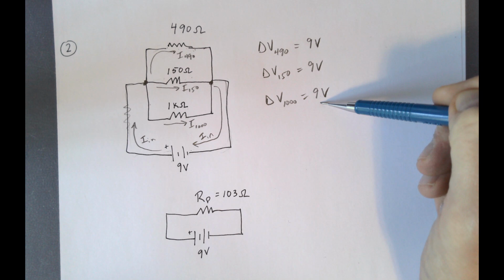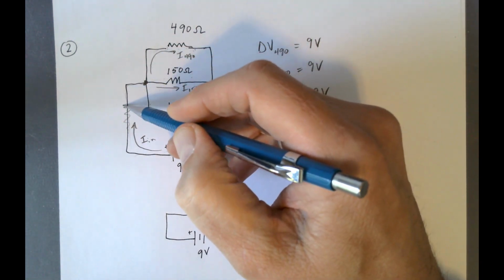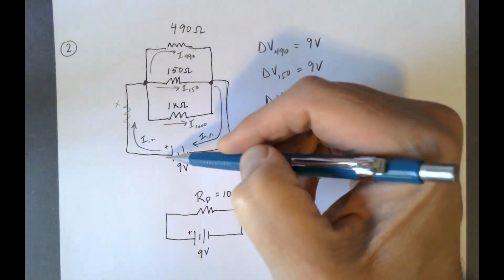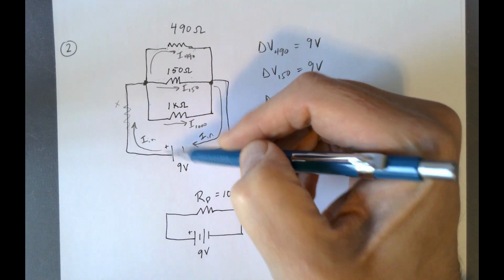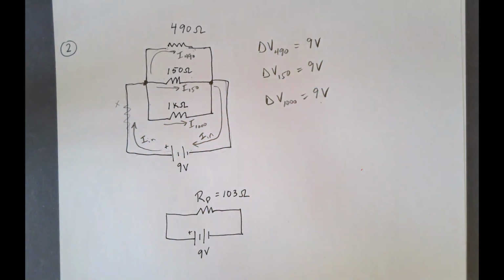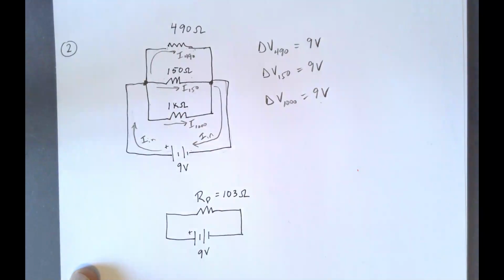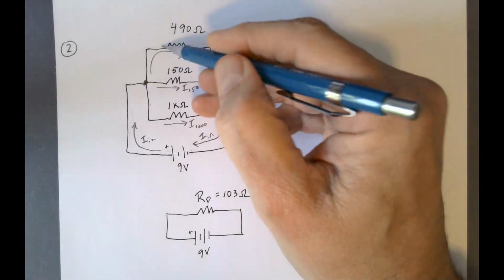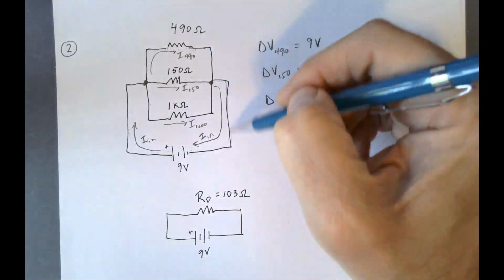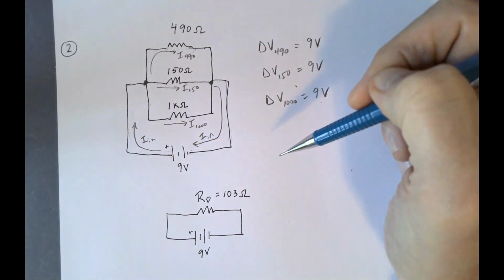That's because to go from here to the battery, I would have to go through that resistor, and that's not going to give me the same voltage as 9 volts. So you have to look carefully. Can you go all the way to the battery without going through a component? I just erased it, so it's gone. If you can, then yes, the potential there is 9 volts, and back over here the potential would be 0. So the voltage difference between there and there is 9 volts.